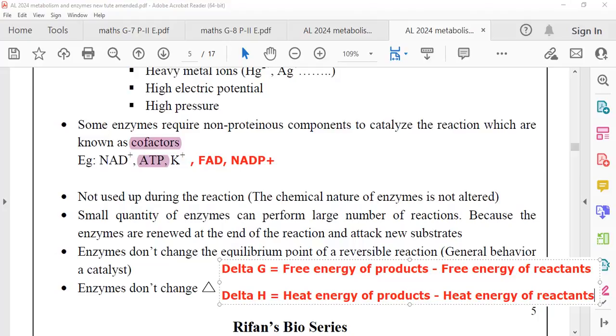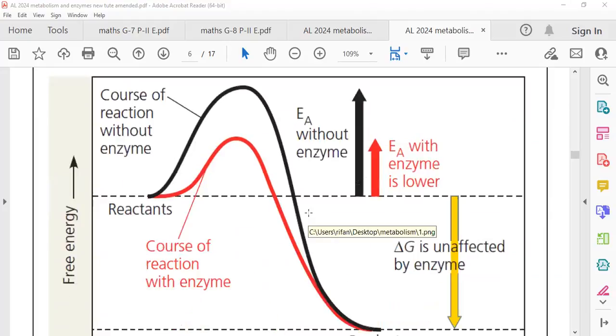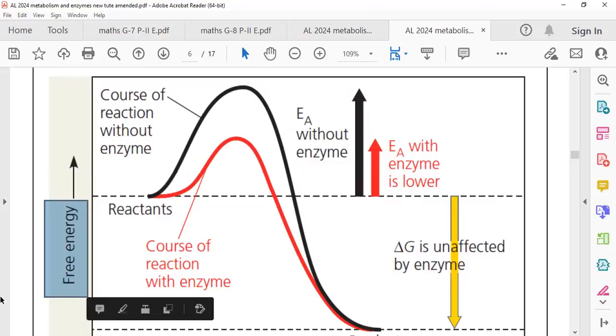Have you marked it? Yes, sir. Good, good. So, this is a picture in our syllabus showing the effect of enzymes on rate of reaction. This is in our book, this is in our syllabus. So, what is the word written here?